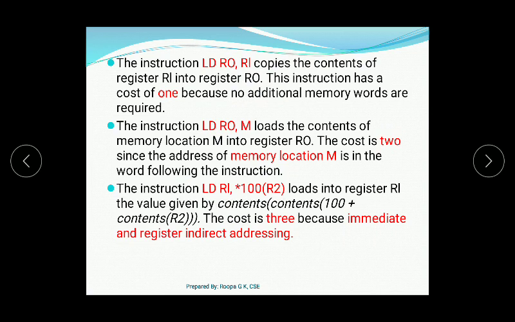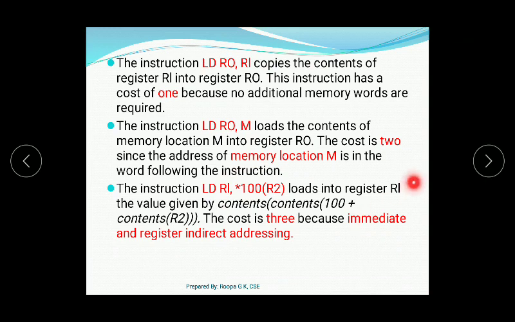Now consider the third one. The cost is 3. Can you observe why the cost is 3? 1 for the instruction, another one for the register indirect addressing, and one more for immediate addressing. Here the star indicates immediate addressing.